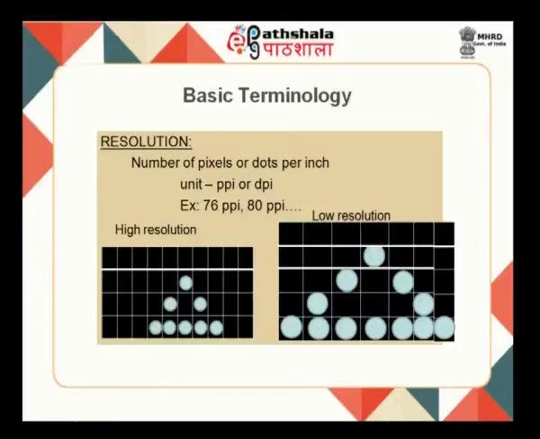So, now you should be able to compare resolution and pixel dimensions, which are so important. Generally we say that resolution is 76 pixels per inch and pixel dimensions are 1024 by 768. That means you have 76 pixels packed in an inch of space, and you have 1024 by 768. That means the quality of a picture is not determined by the number of pixels, but by the resolution.